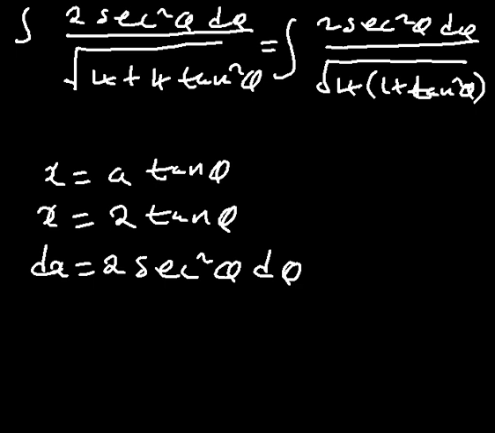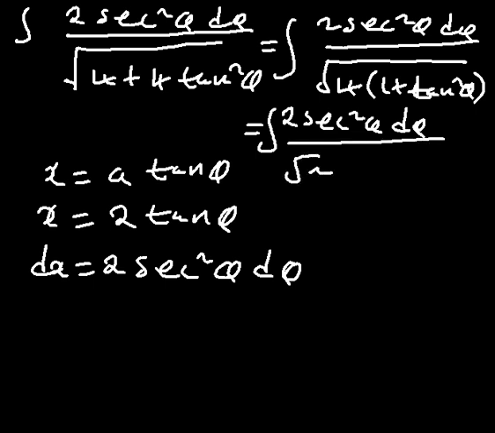So we have the integral of 2 sec square theta d theta divided by the square root of 4 times the square root of 1 plus tan square theta.